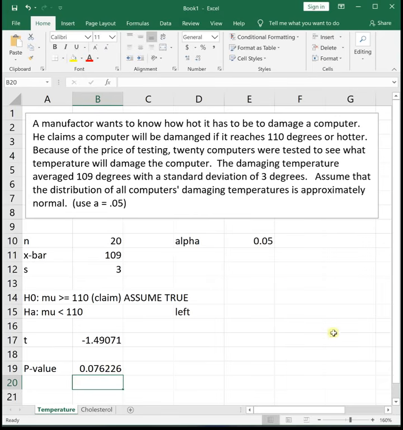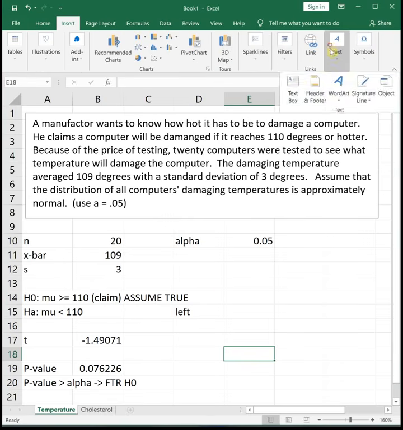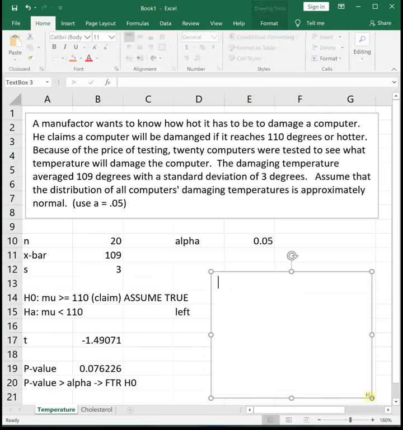And so we get our p-value to be 0.07. So since our p-value is greater than our alpha, our decision is to fail to reject H naught. So we're failing to reject the claim. We're failing to reject that these computers are damaged at 110 degrees or hotter.